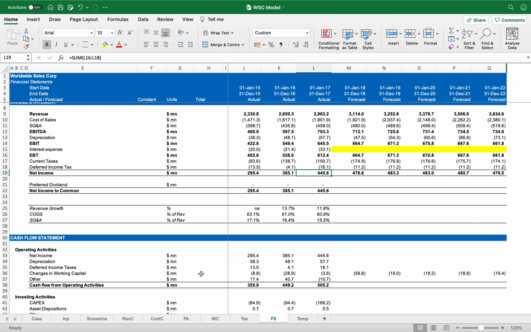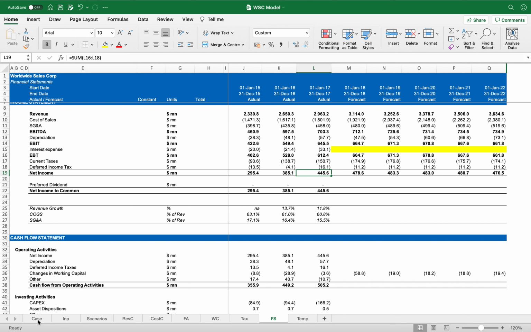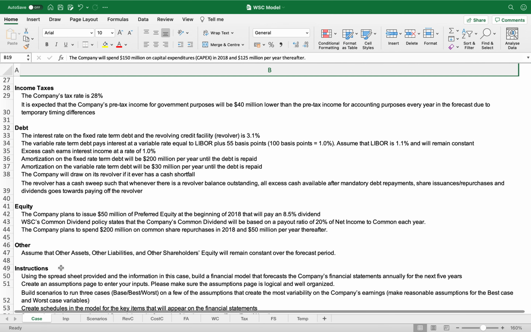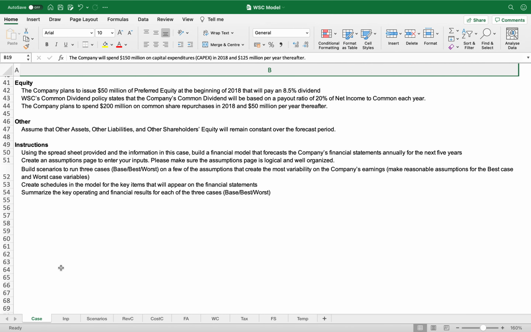Now, if you are done till this point, let's do one more computation as a part of this video, and let it be the equity computations.